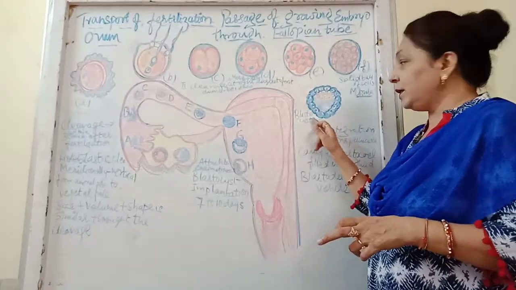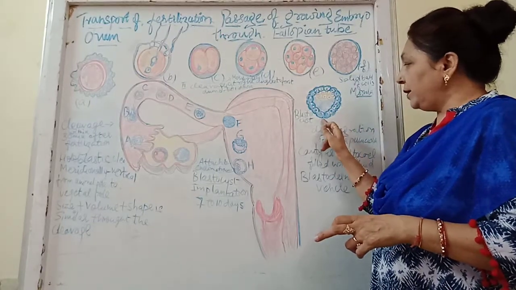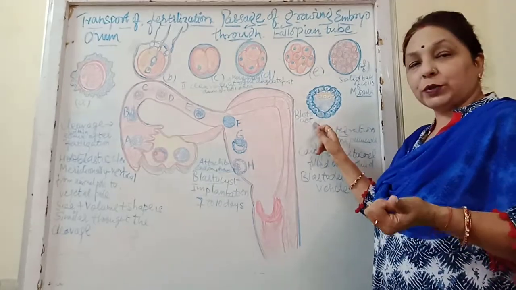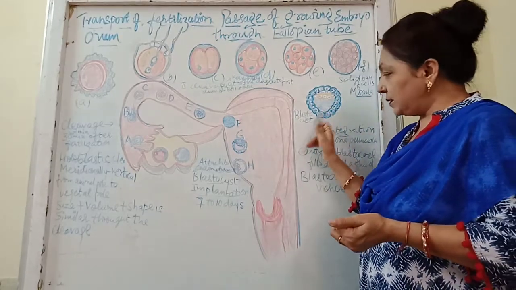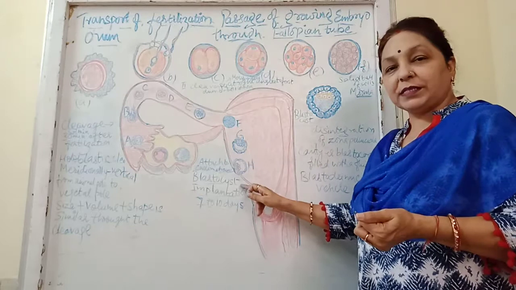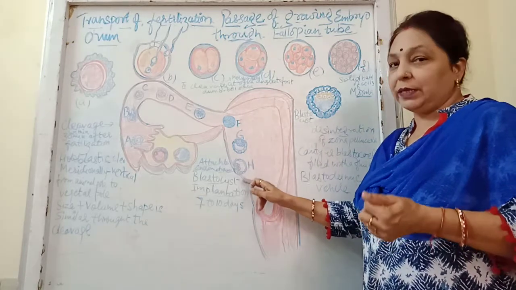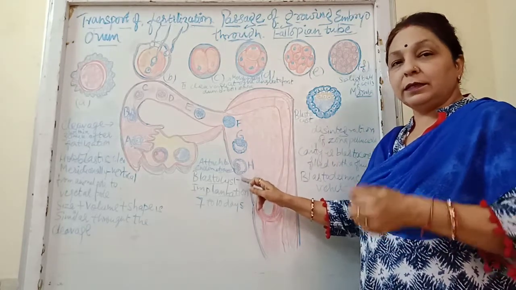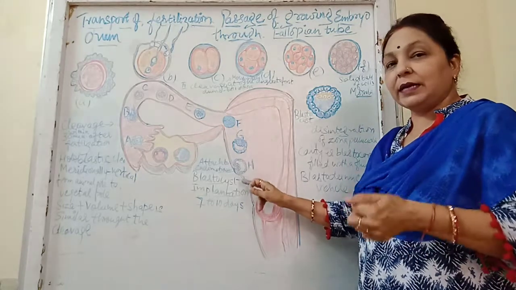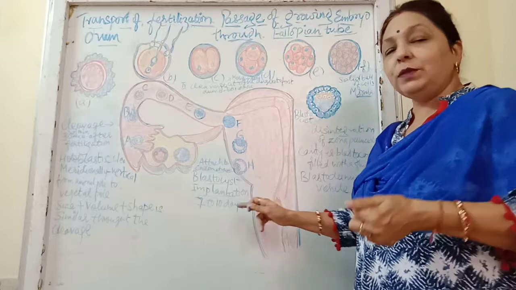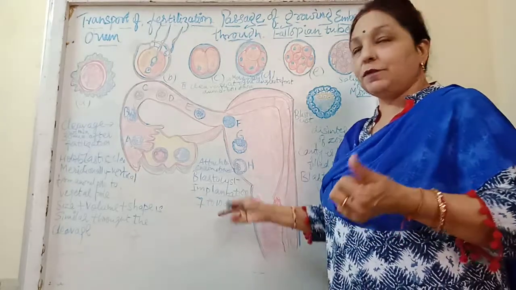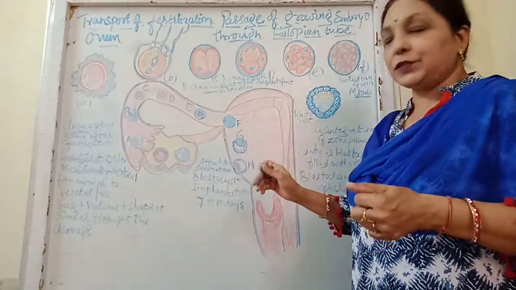This round outer layer of cells is called trophoectoderm or trophoblast, and then the innermost cells. This way, at this stage, the blastocyst gets fixed to the uterine lining or endometrium, and we say the female is pregnant. This is the process of implantation, which takes place around 7 to 10 days after fertilization. Thank you.